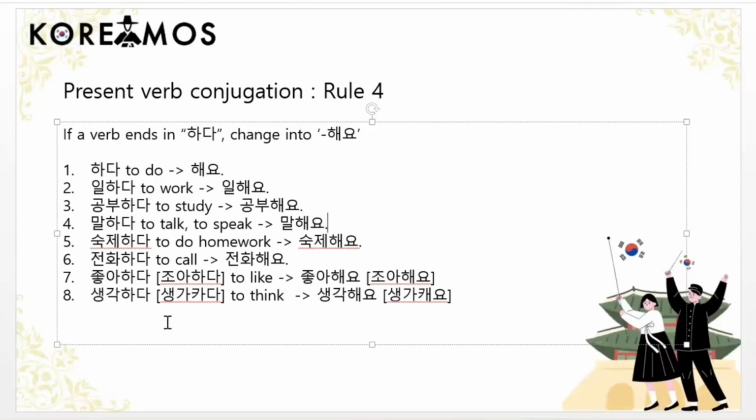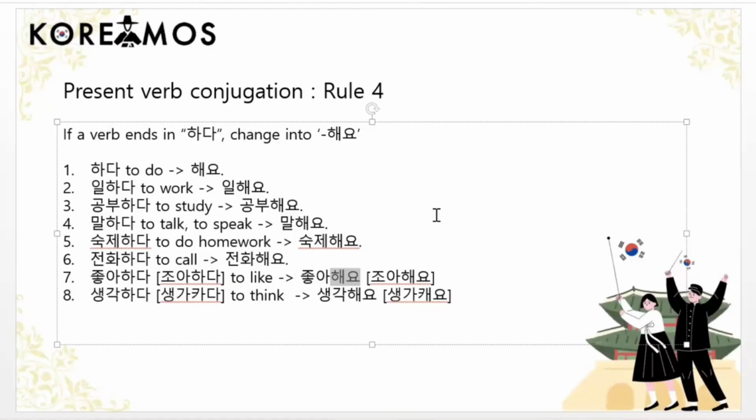And then number 7, 좋아하다. We pronounce 좋아하다 because it's a combination of the ㄱ sound and the circle. In this case, 좋아 is not a noun. However, it also ends in 하다, so we change only to 해요. Actually, here 좋아 is from 좋다, 좋아요, but anyway, it's a combination verb, so 좋아하다, 좋아해요.